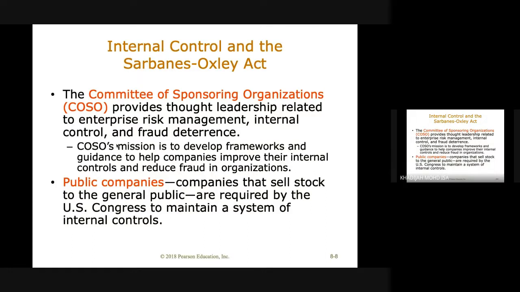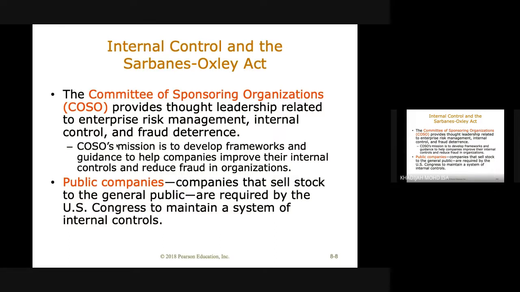All right, we do have this very important topic, internal control and the Sarbanes-Oxley Act. Right, this one is in the UK. The Committee of Sponsoring Organizations provides thought leadership related to enterprise risk management, internal control, and fraud.